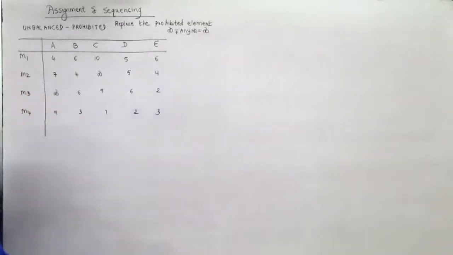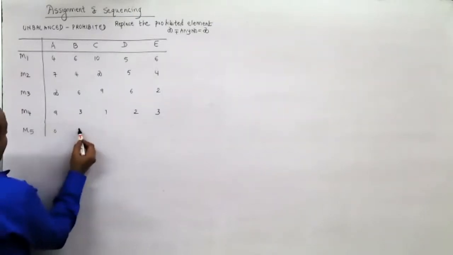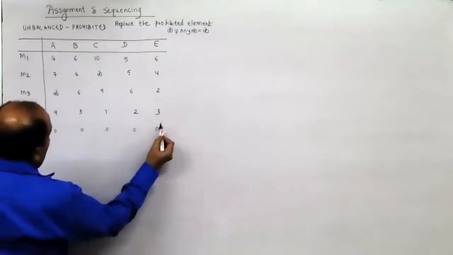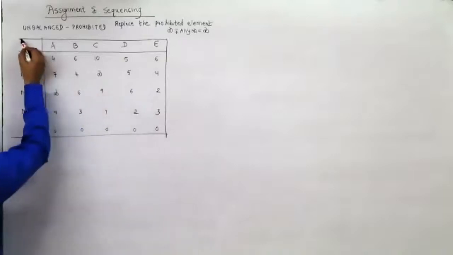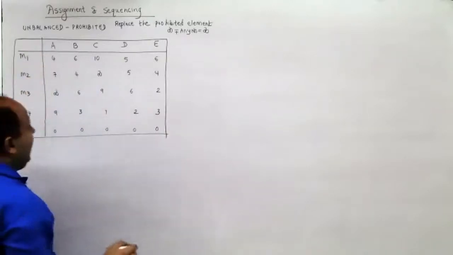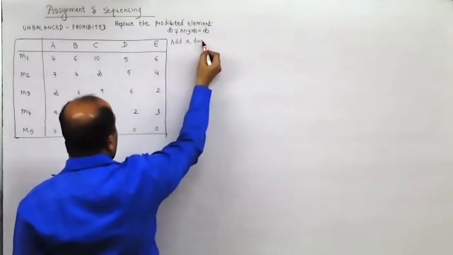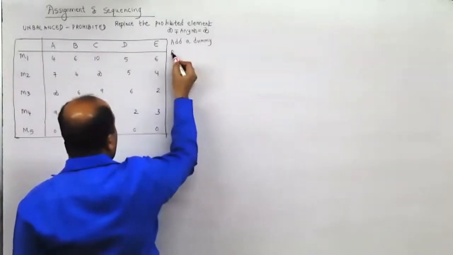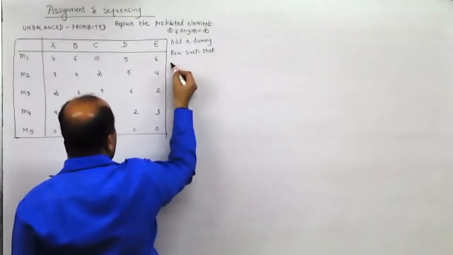Similarly, consider adding one dummy row, that is M5. This is a dummy row where each element is 0. So add a dummy row such that each element is 0.